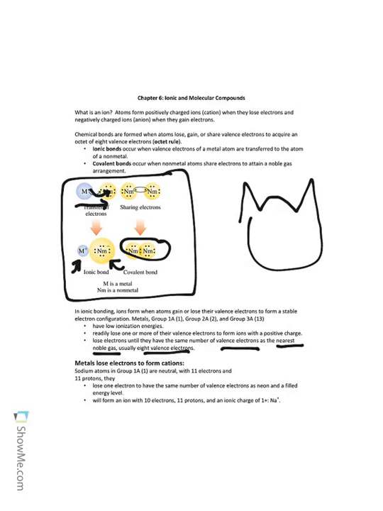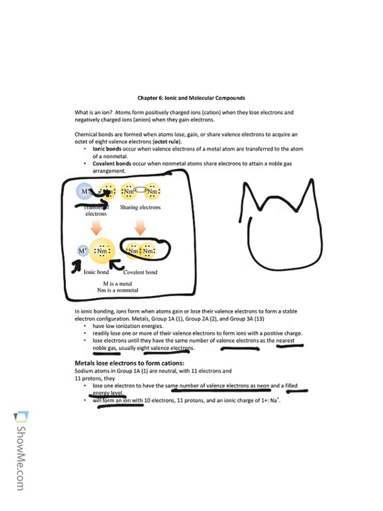Sodium atoms, which fall in group 1A or group 1, depending on the periodic table you're looking at, are neutral. Atoms are neutral. So sodium atoms have 11 electrons and 11 protons. Sodium prefers to lose one electron so that it has the same number of valence electrons as neon and a filled energy level.